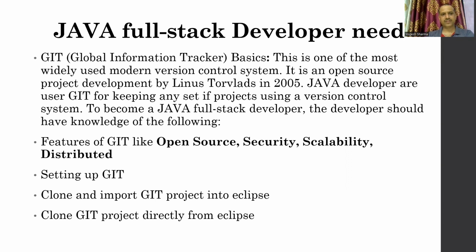Basically, if I'm using Git, or I have the knowledge about Git, with the help of this we are able to do the version control. Java developers use Git for keeping any set of projects under version control. So with the help of this, we are able to do the version control of the system.